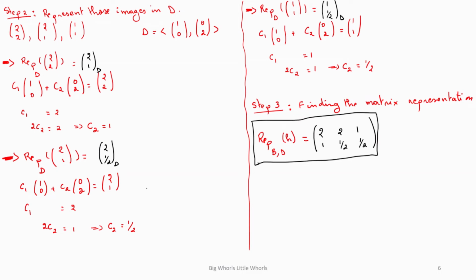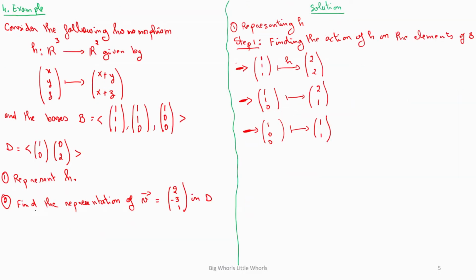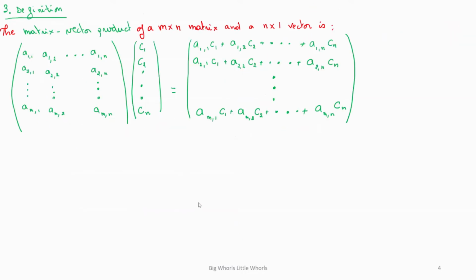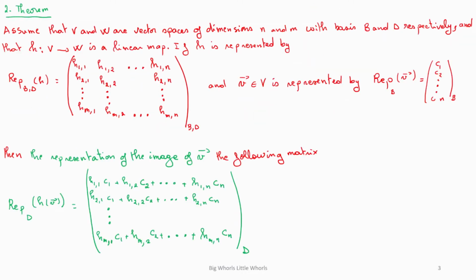Okay, so let's have a look at the second question. They say find the representation of V in D. And in the lecture you have seen from this theorem that if we know the representation of a vector in the domain basis, and we also know the matrix that represents the linear map, then we just do matrix vector multiplication.